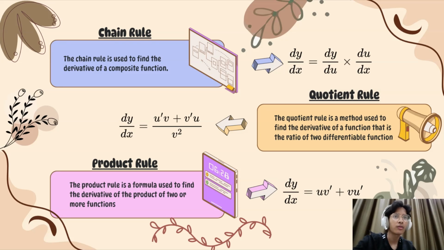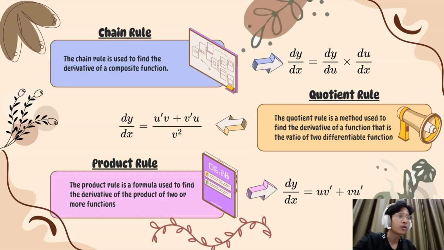The chain rule is used to find the derivative of a composite function. The formula for the chain rule is dy over dx equals dy over du times du over dx. As you can see, the du from above and below can be cancelled out, so we get dy over dx back.